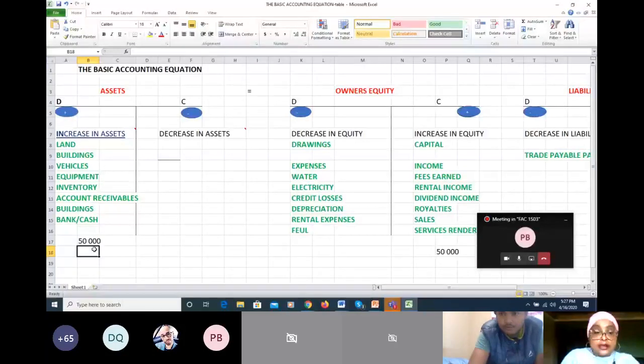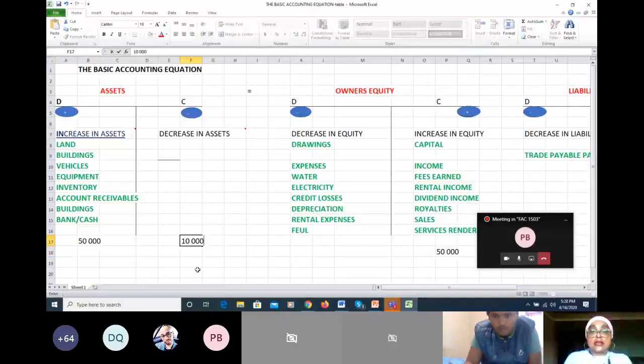I just want to show you, because the 10,000 Rand I now drew out of my bank account, under my assets I'm going to decrease my asset with 10,000 Rand. But I'm also going to increase my asset with 10,000 Rand, because an oven is actually an asset.